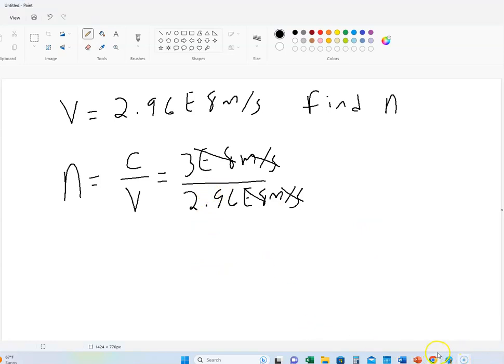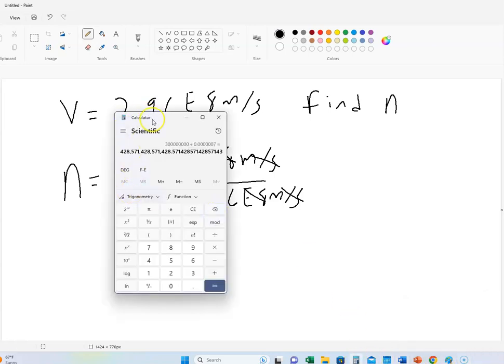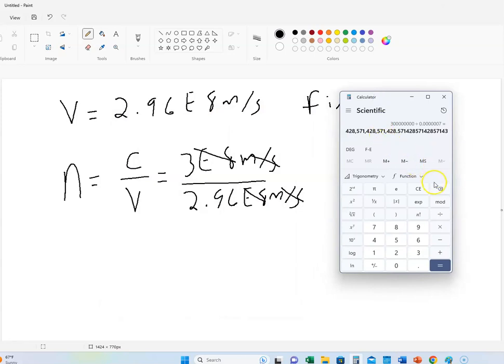So, let's see, where's my calculator? Here it is. Move it off to the side. All right, let's clear it. I'm going to show you that it works out both ways. So it's 3 divided by 2.96 equals.